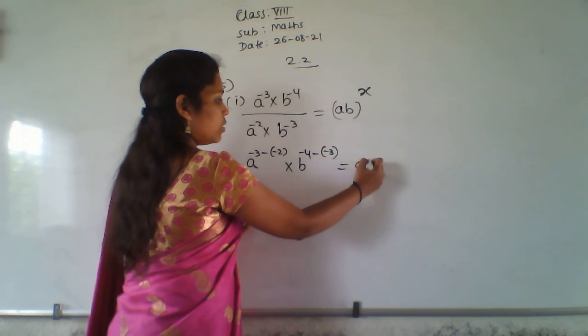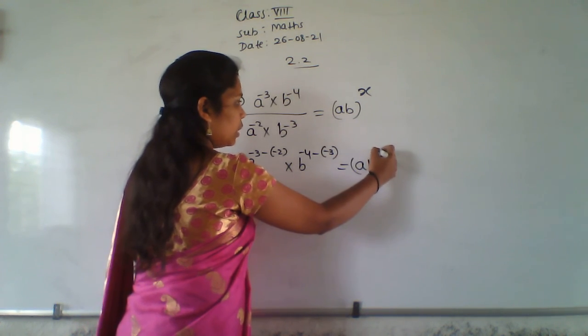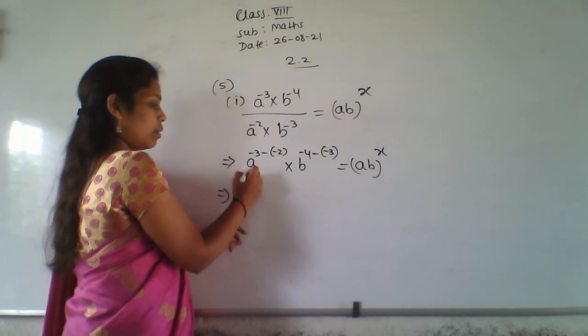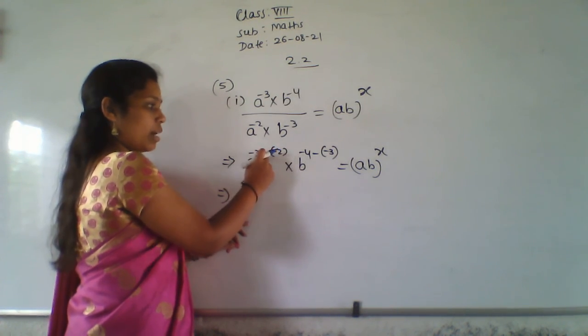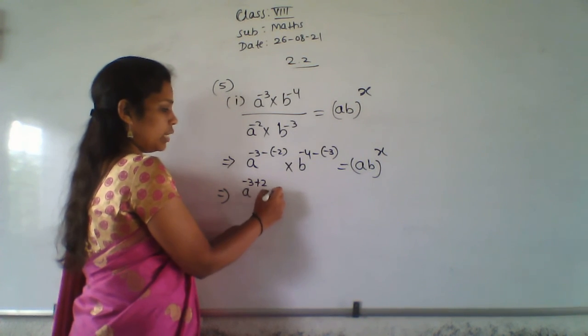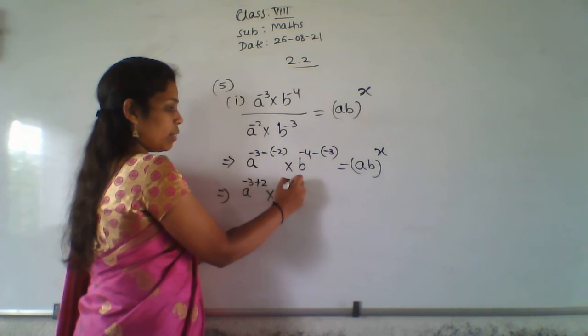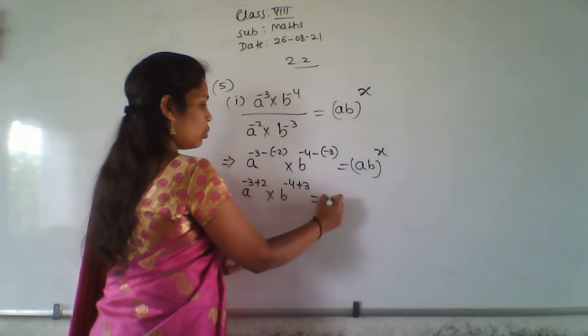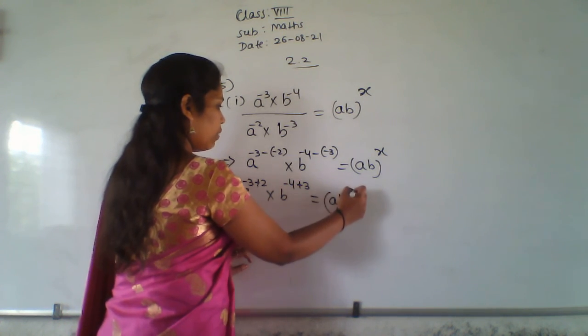So that is equal to (ab) to the power x. Now simplify here. a to the power minus 3 minus into minus plus 2, into b to the power minus 4 minus into minus plus 3, that is equal to (ab) whole to the power x.